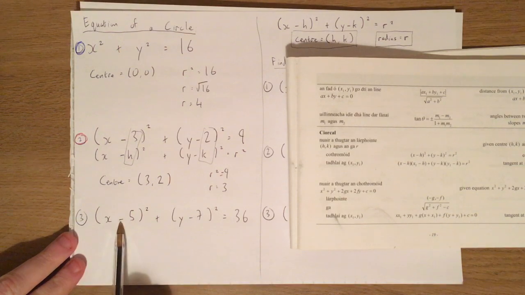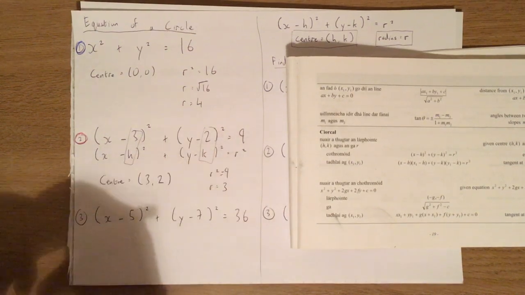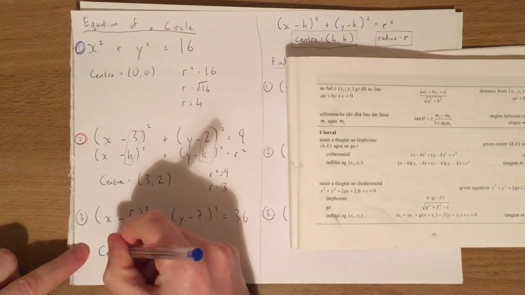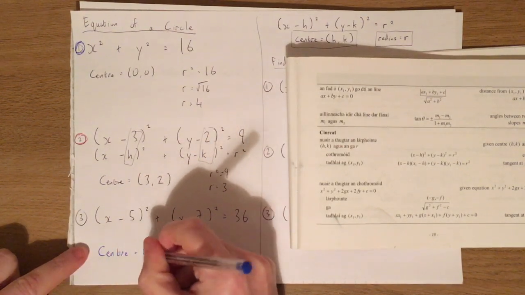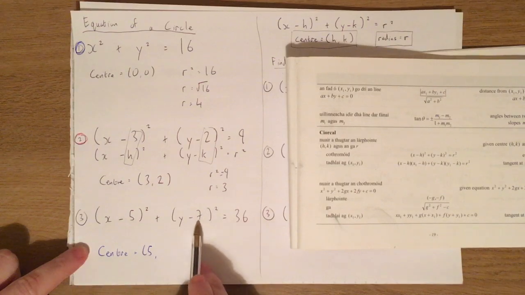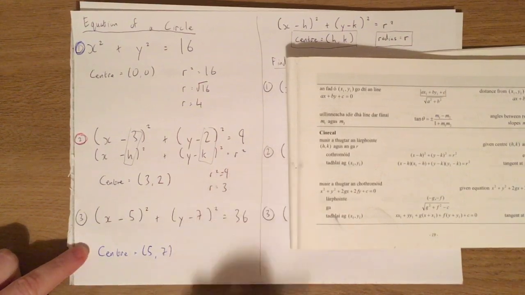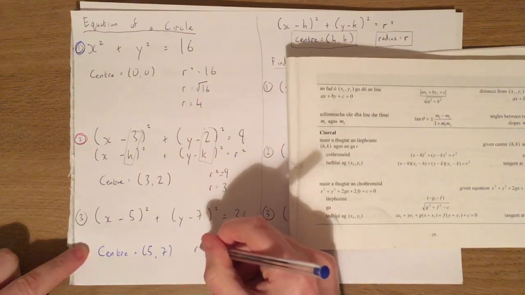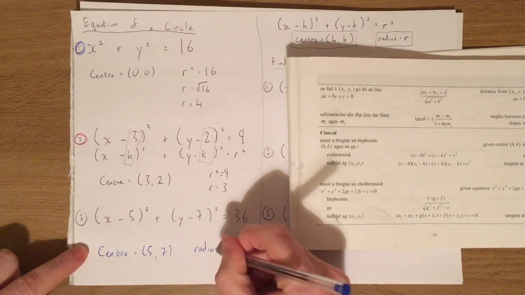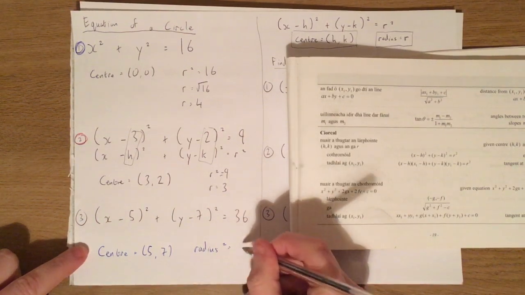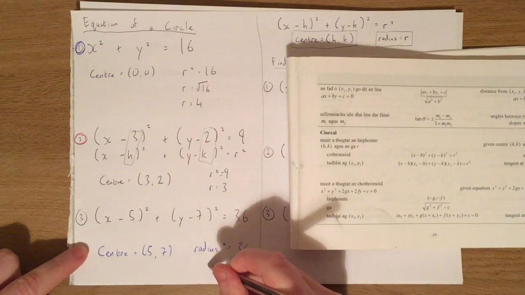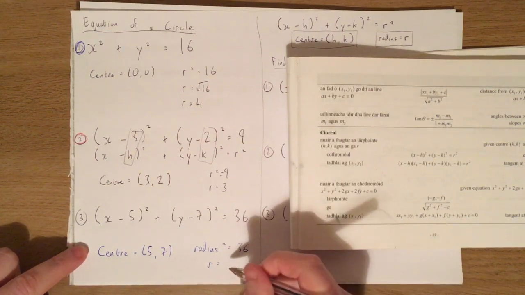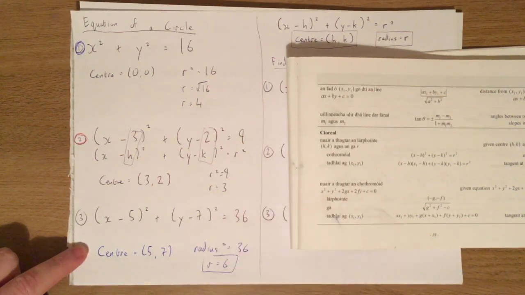Well, x minus, that will be the x coordinate of the center, so the center for this would be 5, minus 7, so 7. All right, the radius then: r squared is 36, so the radius is the square root of 36, which is just 6. So there's your radius, just the square root of the right hand side.